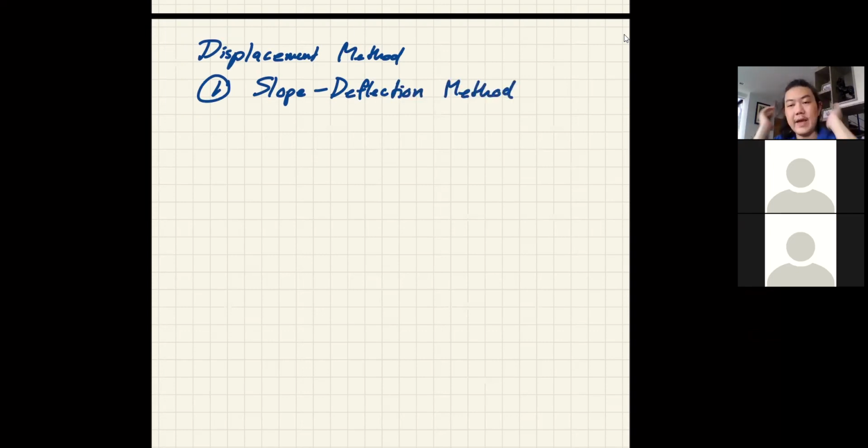And it's not an overstatement to say that this is the most important method in the world, because after the development of this method, more will flow in the way. The next one you will learn is the moment distribution method. It's also based on this one. It's the mathematical variation of this method.